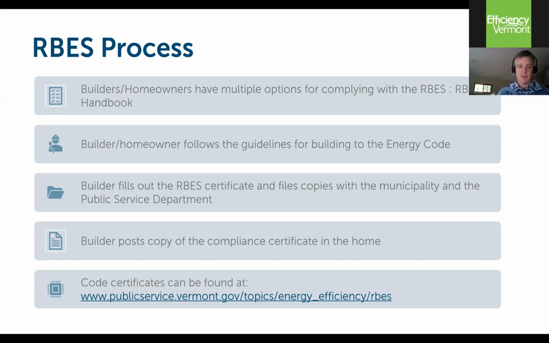So that certificate is filed with the town, put in the town records, and a copy of that is also filed with the Vermont Department of Public Service. When that's filed, a copy of the compliance certificate is then posted in the home, typically on the electrical panel or in the mechanical room, somewhere that's obvious and present in the house to be found. And that's the process. It's as simple as that.